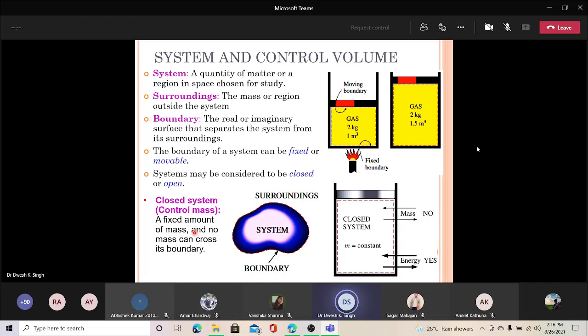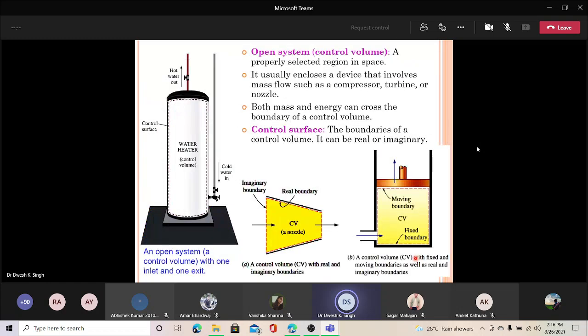Mass will not cross the boundary. Like here you can see mass is not getting out, it is fixed, but yes, energy can go out. Why is energy going out? Because it is not insulated. So we can exchange the energy, but we can fix the mass. Such a type of system is called the closed system.